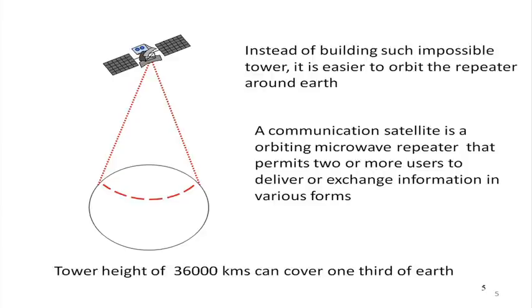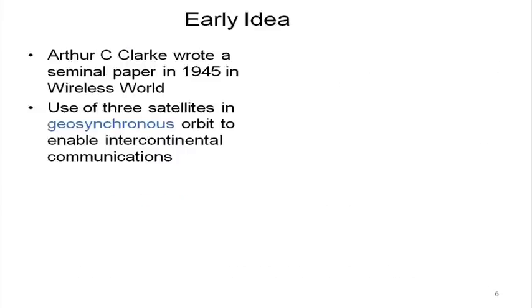So, we should learn how it can orbit around the earth instead of simply floating, and that will be at 36,000 kilometers above the earth's surface. So, this repeater with its radio visibility will permit two or more users, any number of users available within its radio visibility, to exchange information in various forms.